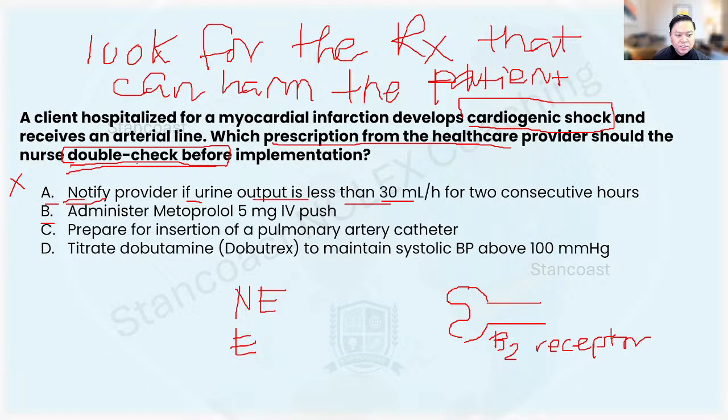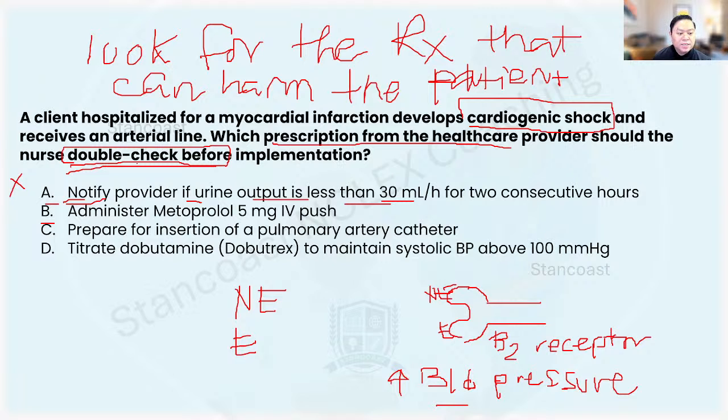Let me just put here NE attaching to the receptor or the epinephrine. Once those neurotransmitters attach to the beta 2 receptors, this can cause an elevation of the blood pressure. There will be vasoconstriction.